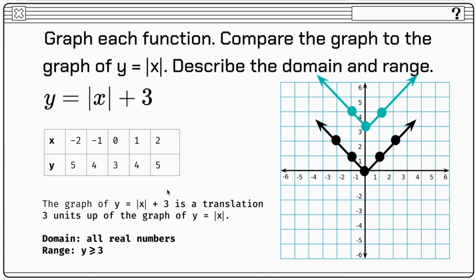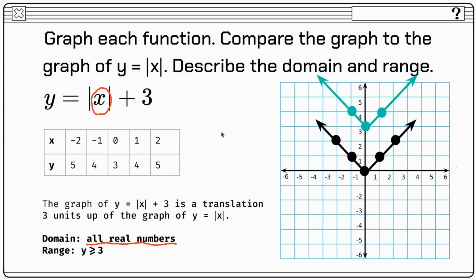And for the last portion of this problem, they want us to describe the domain and range. As for domain, remember that domain refers to all the x values that you can plug into your equation. For absolute value functions, your domain is always going to be all real numbers, meaning that you can plug any real number into the x of your absolute value function, and it gives you another value for you to plot.